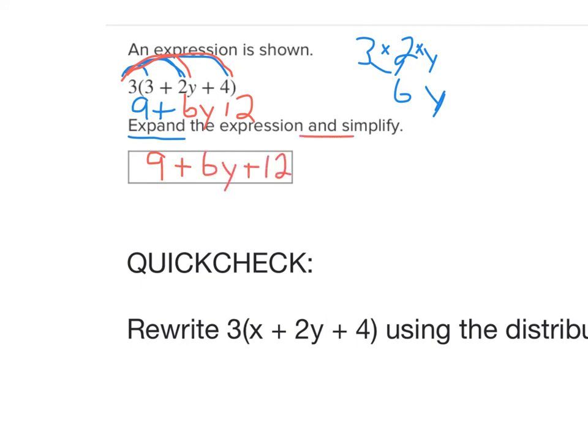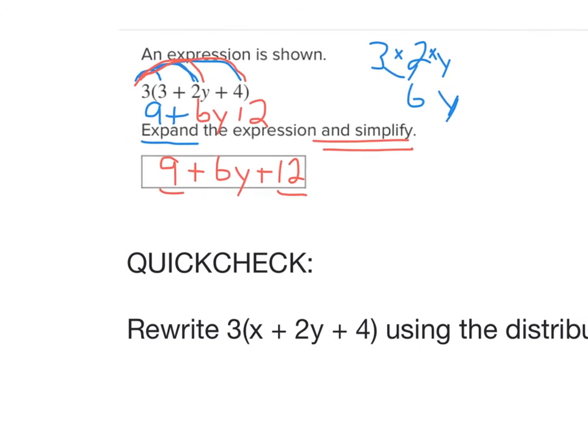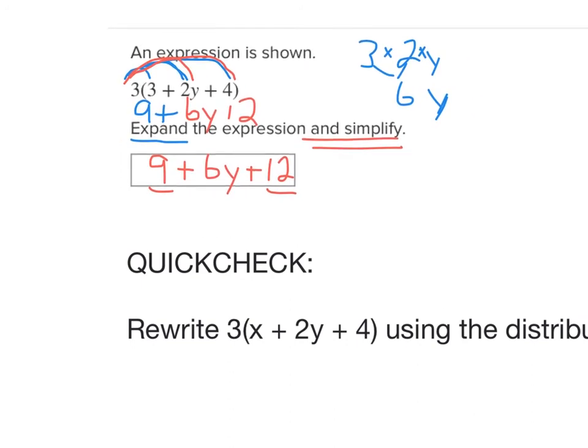Actually, it's not my answer because it says to simplify. And in this case, the 9 and the 12 are both constants. Those can be added together. So let's add those two together. And what's 9 plus 12? 21, that's right.